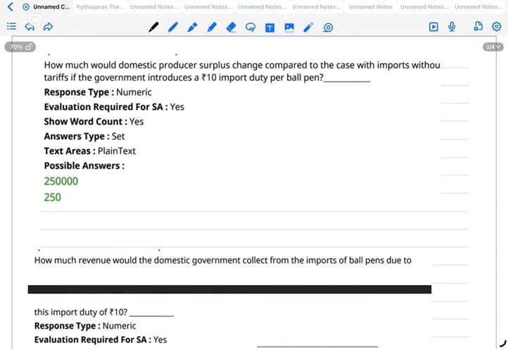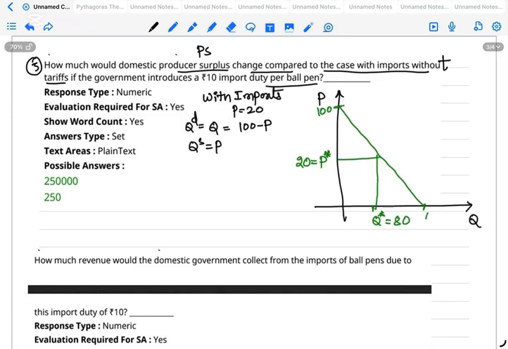Fourth, fifth one. How much would domestic producer surplus, that is PS, change compared to the case with imports, if the government introduces a 10 rupees import duty per ball pen? Producer surplus equals half base into height.